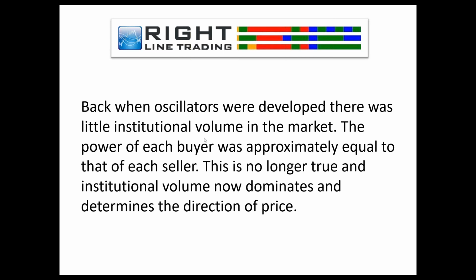Because there was no big money player in the market, like institutional money, to come in and completely skew the way price was going to move. Back in those days, this later divergence signal, I would imagine, was probably very accurate.